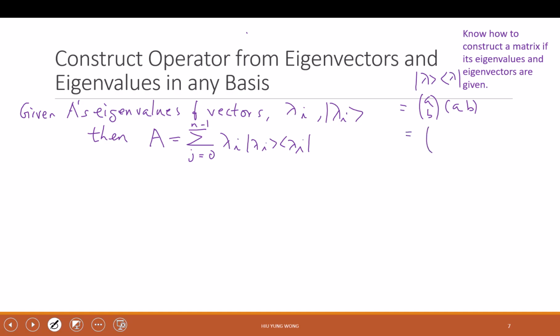How do you do matrix multiplication? Row times column. So it is a times a, a times b, b times a, b times b. It gives you a matrix. Just a numerical example. Okay, so you agree with me? If you cannot follow, then you need to practice. The point is ket times bra gives you a matrix.